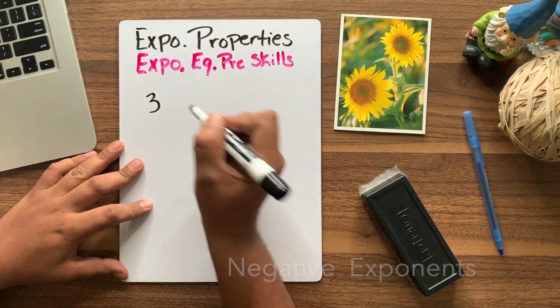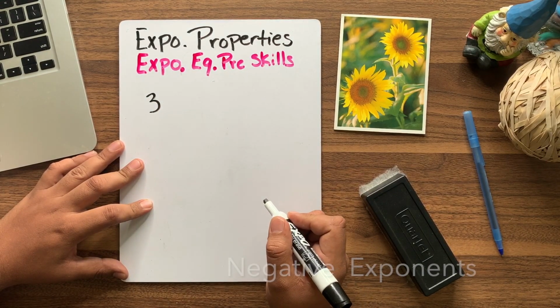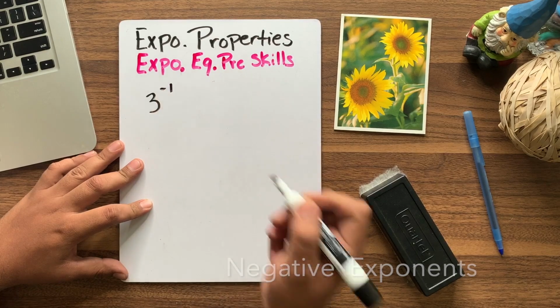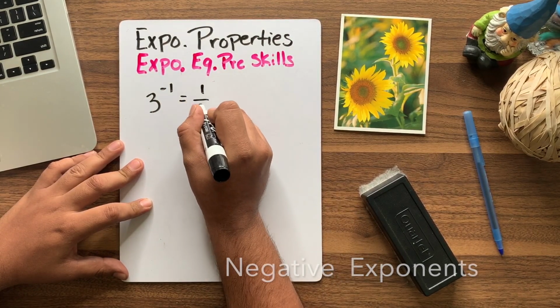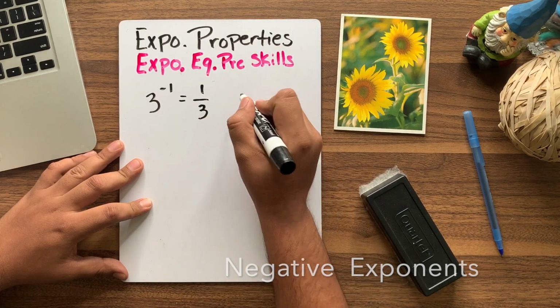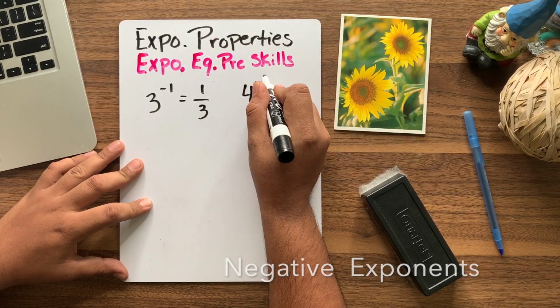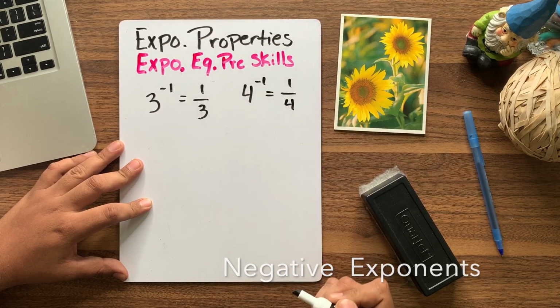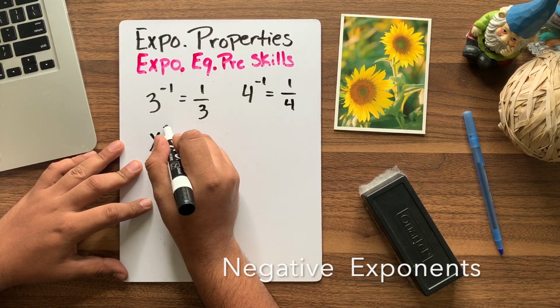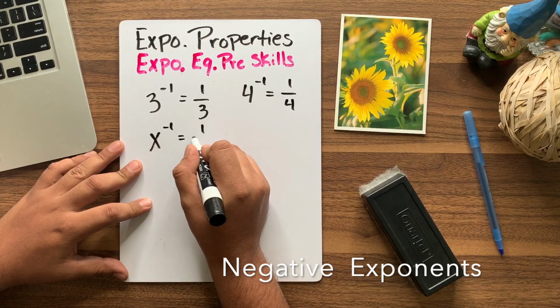For example, if you have 3 to the power of negative 1, well, that's 1/3. If you have 4 to the power of negative 1, that's 1/4. If you have x to the power of negative 1, that's 1/x.